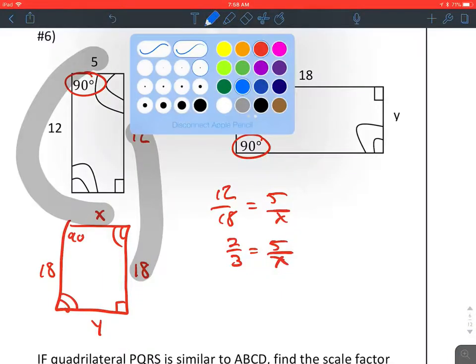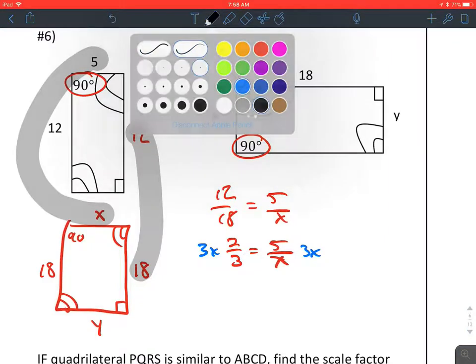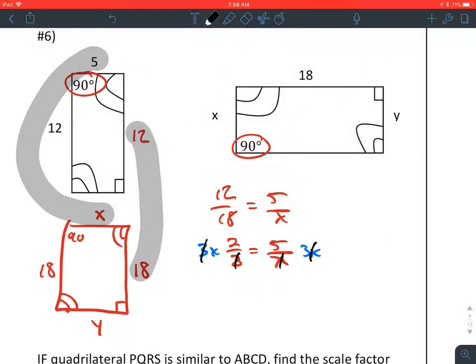Could multiply both sides by 3 and x to get rid of our fractions. And that's going to give us 2x equals 15. Divide both sides by 2, and you get x is 15 over 2. Since this is a rectangle, that means that y is also 15 over 2. So once again, this problem's slightly messed up, which I apologize for.